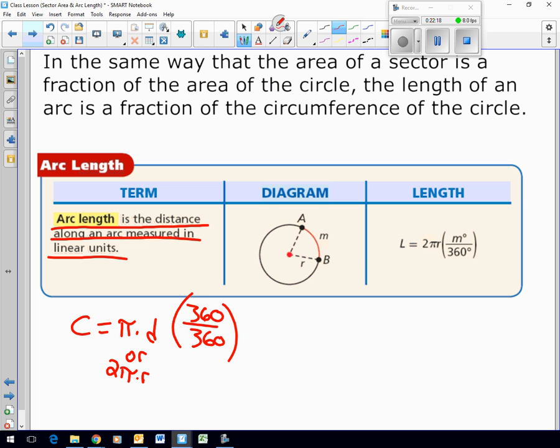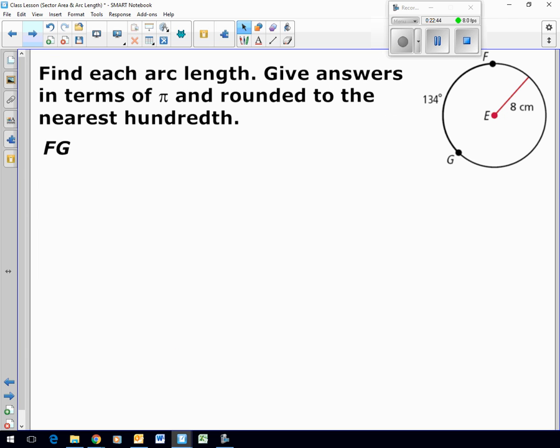Because it's always going to simplify to 1. But it's a teaching principle, okay? When we're talking about an arc length, I'm no longer talking about all 360 of those degrees, right? I'm talking about a portion or a part of the 360. That's why there's a fraction at the end of the formula. Everybody with me on that? Okay.